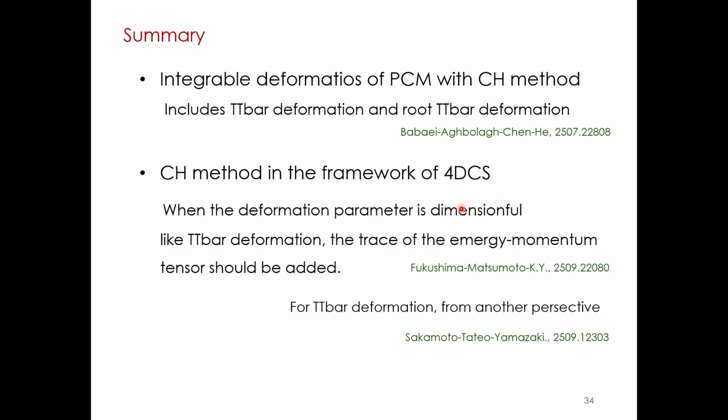In order to incorporate Courant-Hilbert constructions, we have generalized the Lax ansatz by changing the pole structures and including arbitrary functions. As a result, the original four-dimensional Chern-Simons actions should be corrected by adding the trace of the energy momentum tensor. This is our claim, and this trace of the energy momentum tensor is consistent with the result by Sakamoto et al.